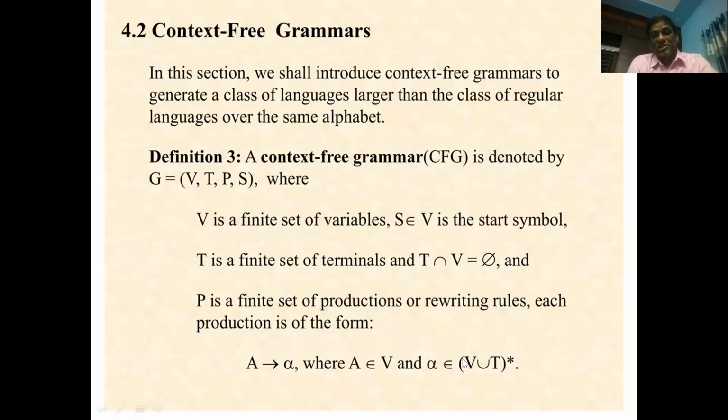The RHS of any production is a combination of variables or terminals, so zero or more occurrences of variables and terminals. So this is the production rule. Every production must satisfy this rule. Okay, and S is the start variable, which is also a variable, belonging to the set of variables. So if you are defining a context-free grammar, it should have a set of variables, a set of terminals, a set of productions, and a start variable.